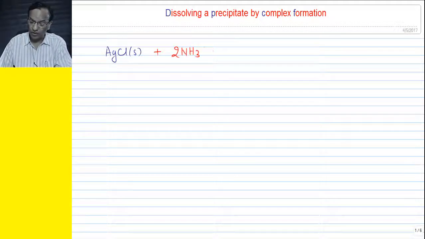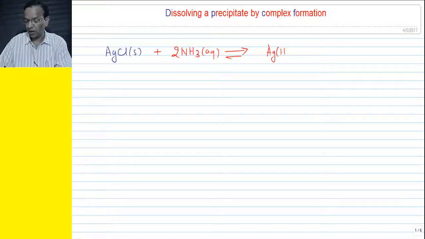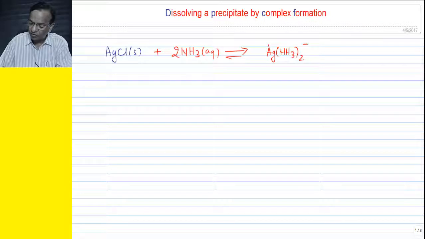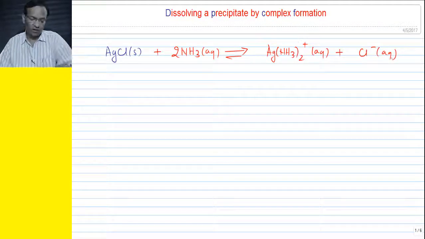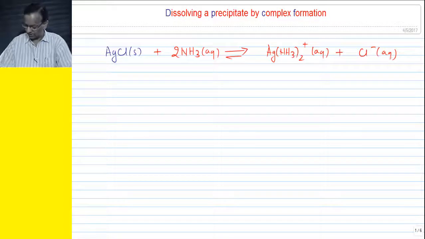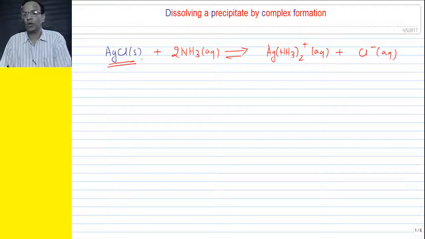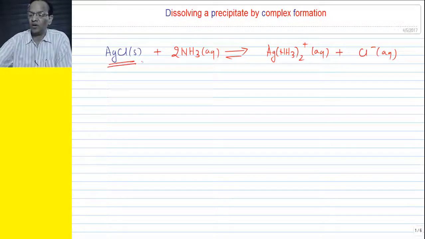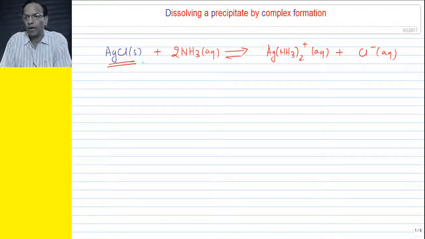Ammonia dissolves silver chloride by forming complex Ag(NH3)2 plus and chloride ion. So this is one complexation reaction involving a sparingly soluble salt silver chloride, which is being dissolved here by a complexing agent ammonia by complex formation.